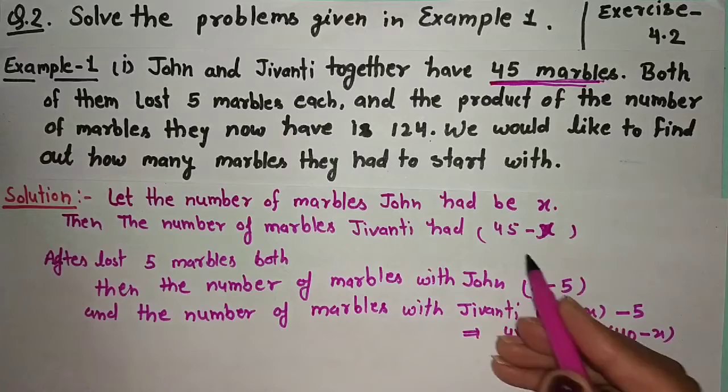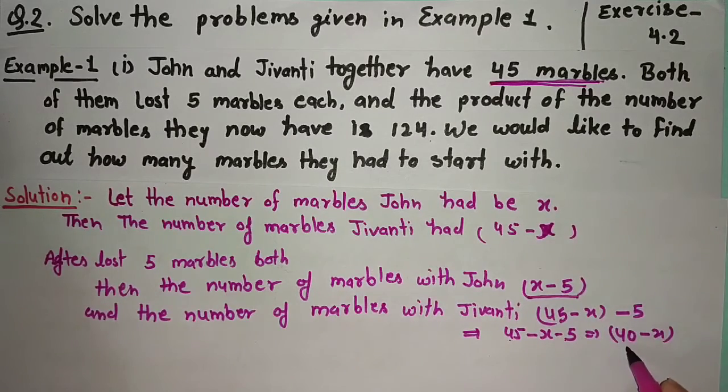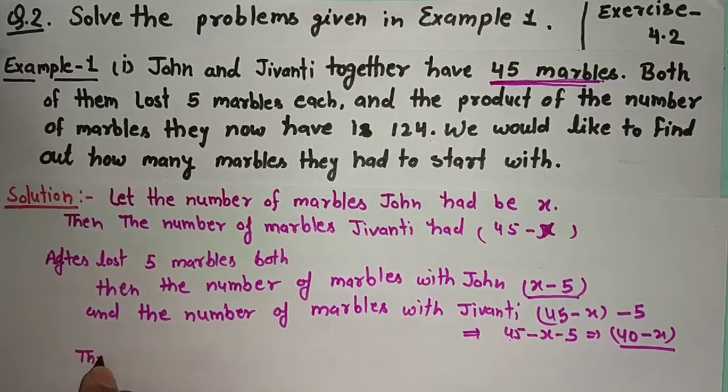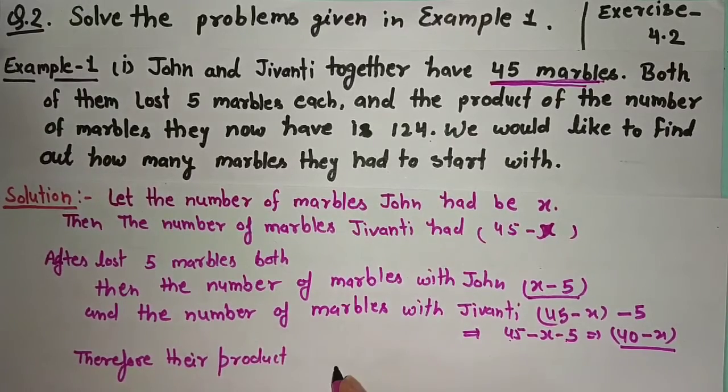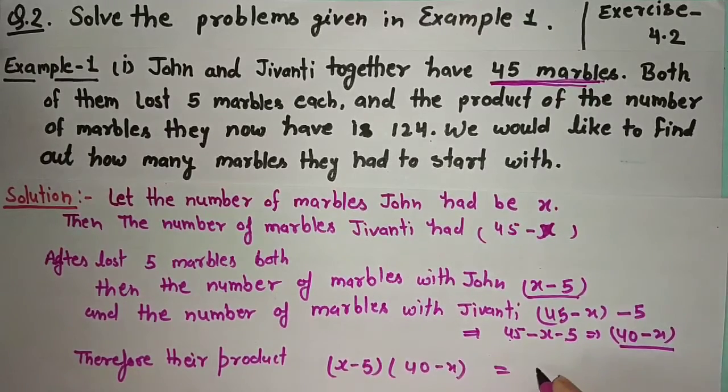That means the product of x minus 5 and 40 minus x is 124. Therefore, their product, that is x minus 5 multiply 40 minus x, is 124.